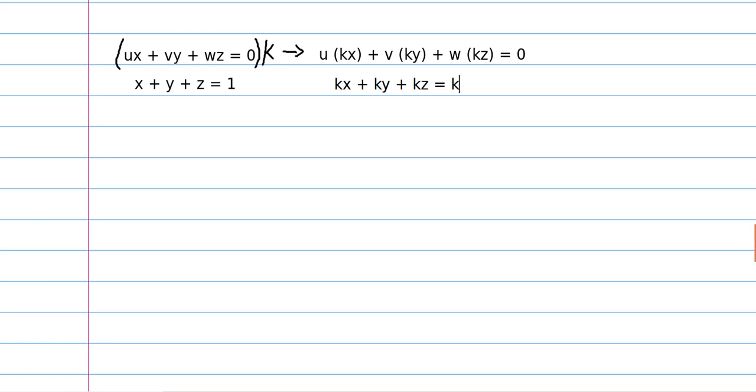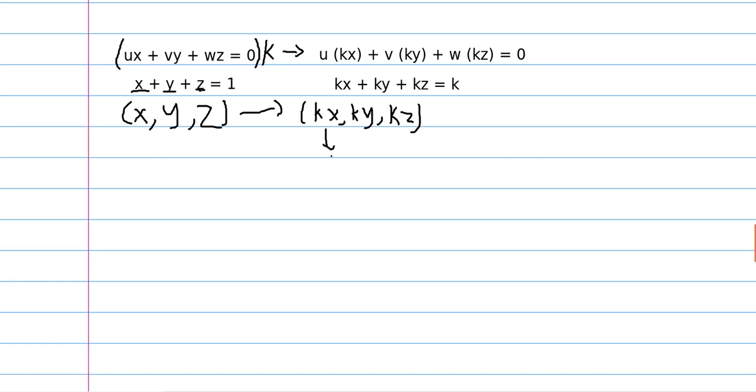So if we scale up each of our coordinates by some number, specifically, if we go from the coordinates x, y, z, and we scale up, and we look at the coordinates kx and ky and kz, then if we plug these coordinates into a line, we still get 0 if these coordinates were on the line.